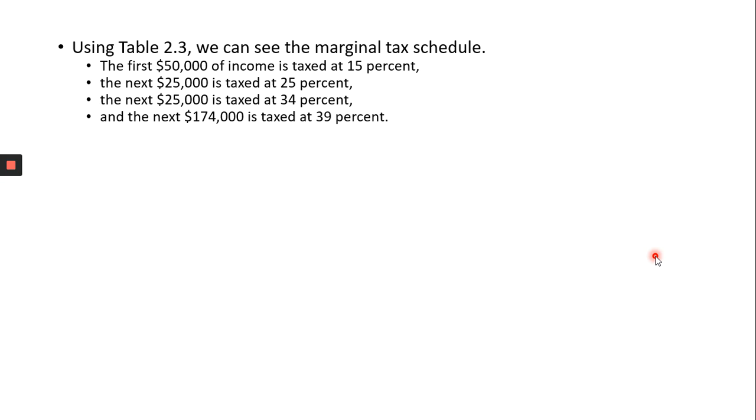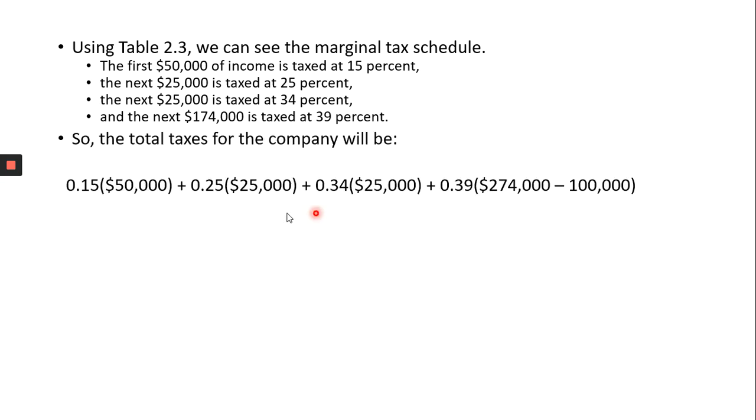So the total tax for the company will be 50,000 times 15%, plus 25,000 times 25%, plus 25,000 times 34%, plus the total taxable income of $274,000 minus this $100,000, because the $100,000 is from here: 50,000, 25,000, 25,000.